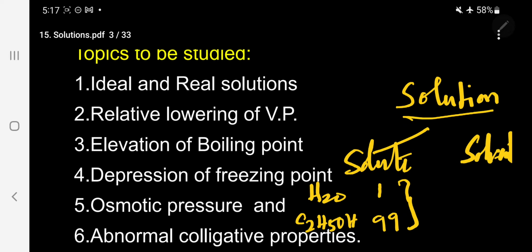Whatever component is higher in concentration, that is the solvent. So the solvent here is ethyl alcohol. So the solute is water, the solvent is ethyl alcohol. I will call this solution an alcoholic solution containing water.